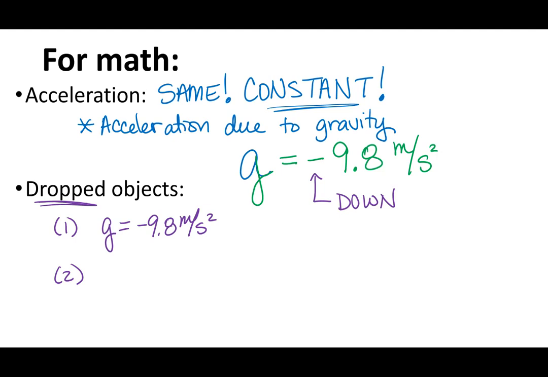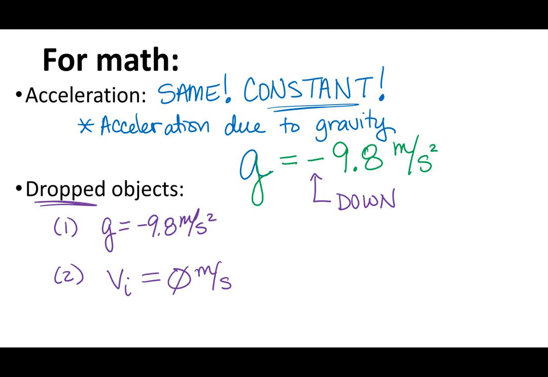Dropping means you just hold it and you let go. Therefore, the initial velocity is going to be 0. So this one little word, dropped, will automatically give you 2 knowns in the givens box, g and VI.